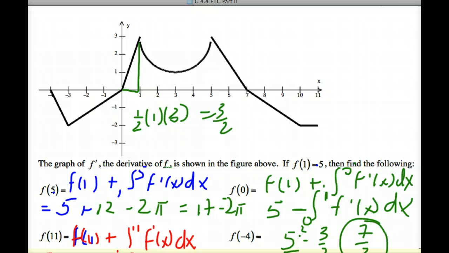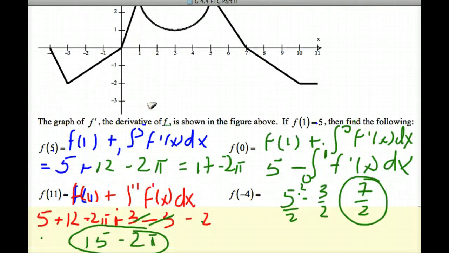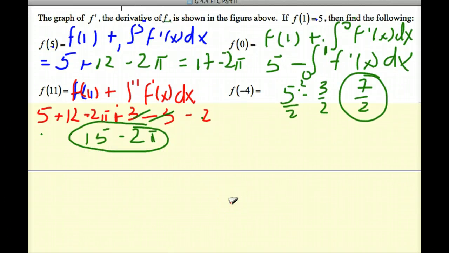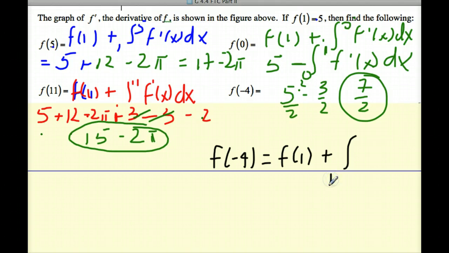And finally, let's take a look at f of -4. And once again, I'm going to erase this right here. So if I set up f of -4, and let's just do this down lower so we have more room, we get f of -4 is equal to f of 1 plus the integral of 1 to -4 of f prime of x dx.